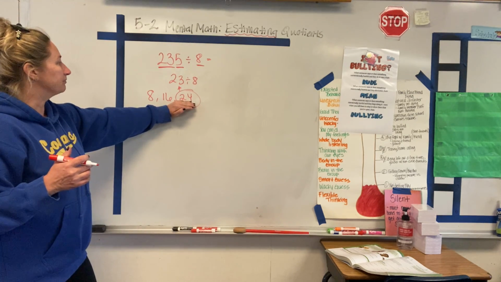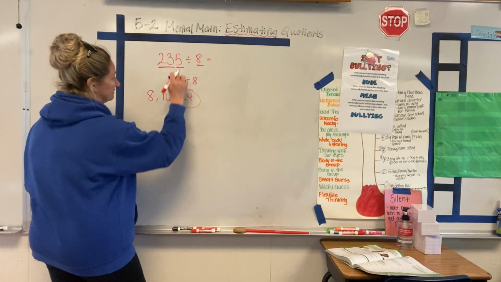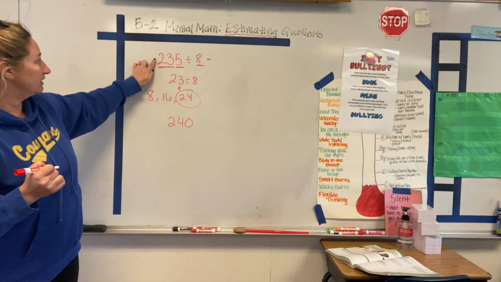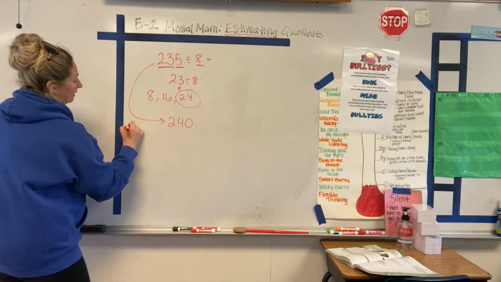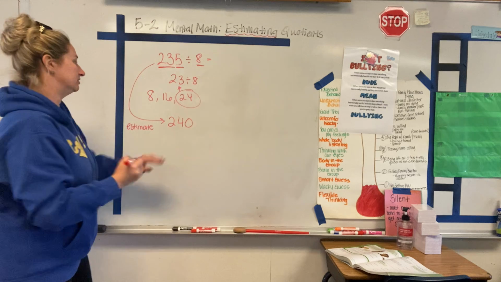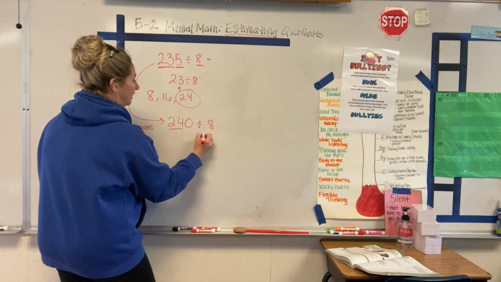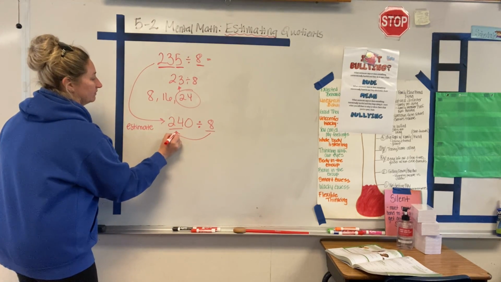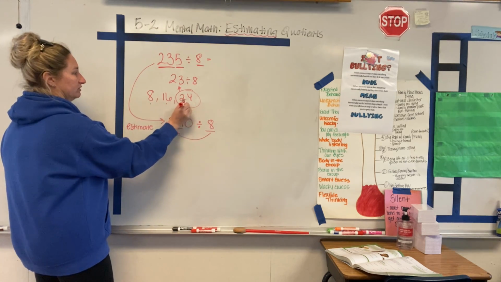So I'm going to use 24 with a 0. So 235 is very close to 240, and I know that 8 is going to go into 24 because I listed my multiples of 8, so it goes in 1, 2, 3 times.